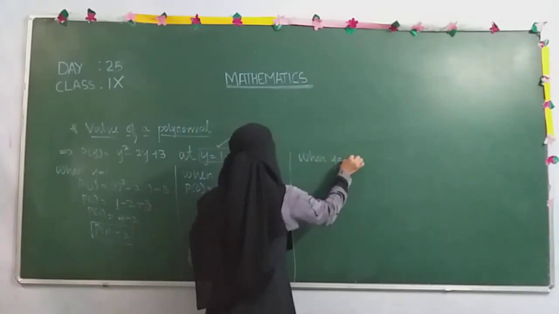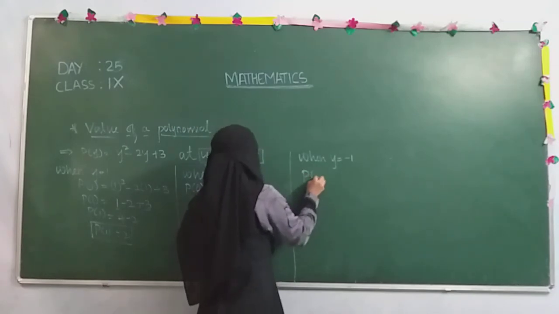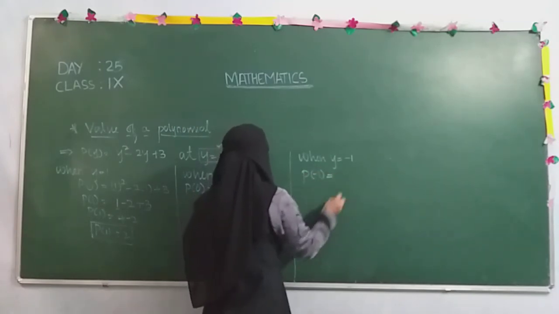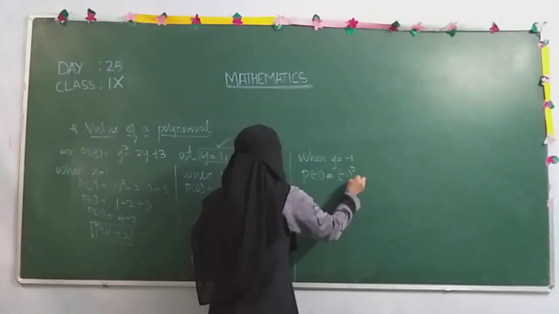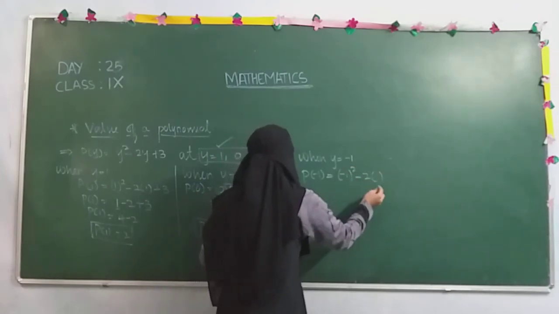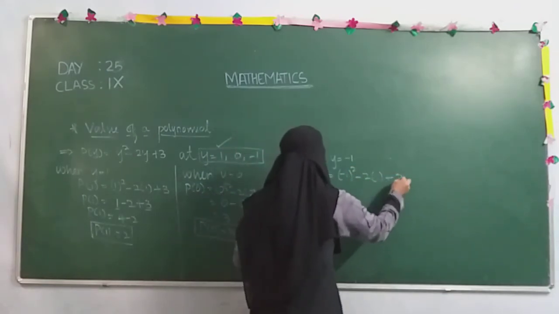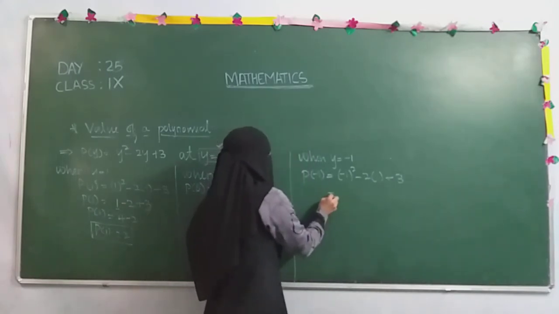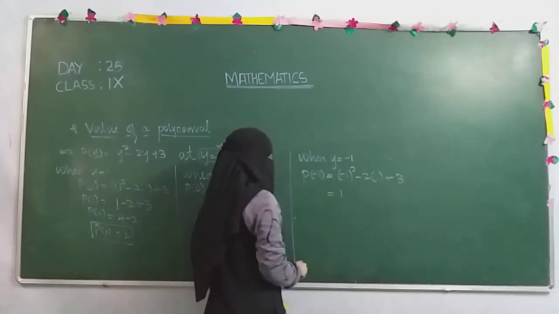Now next we will check for when y equals minus 1. P of minus 1 equals minus 1 whole square minus 2 into minus 1 plus 3. So minus 1 whole square is nothing but 1.